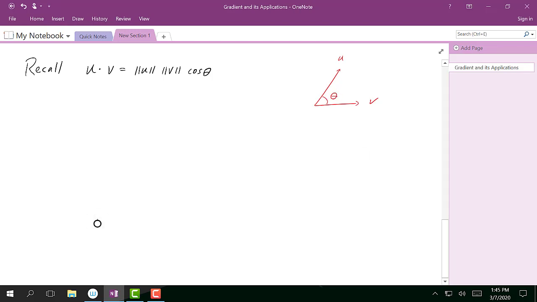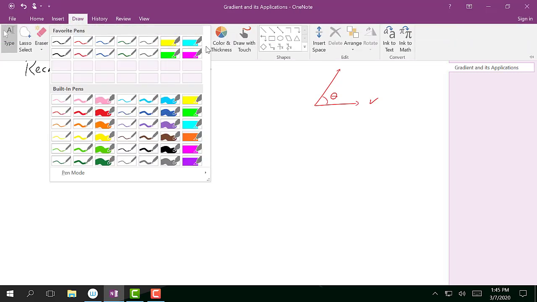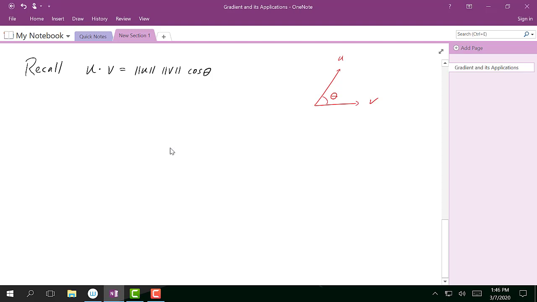And so what we're going to do is remember that the gradient is a vector, right? The gradient also, of course, this vector u, so these are vectors. Let me do this again. So gradient of f and u are vectors.